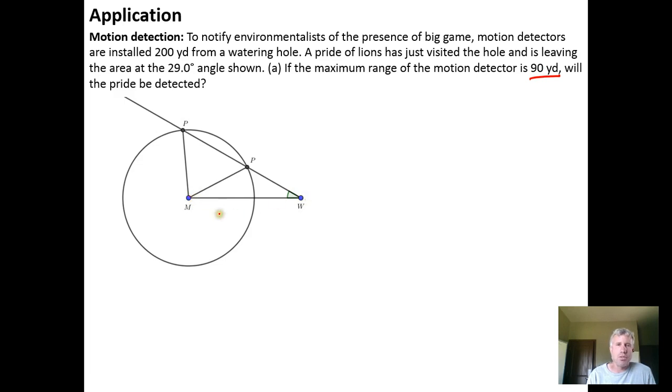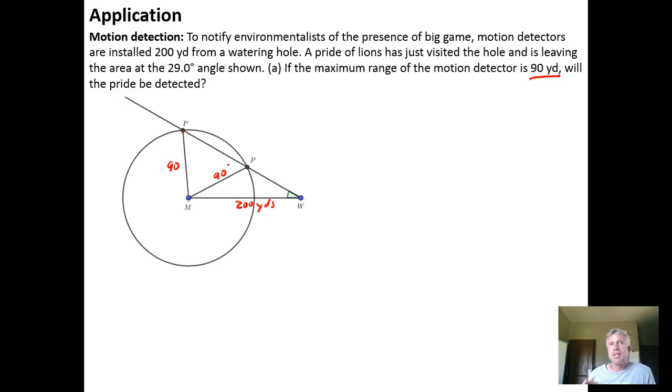Draw in your features. Here's the motion detector, the watering hole. Here's where the pride of lions comes into range. Here is where it exits the range, and label in your distances. Here's the 200 yards between the motion detector and the watering hole. Label in those distances, there's our 90 yards, as if there were a solution.